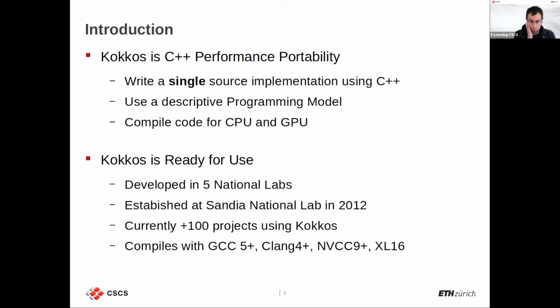Currently, there are more than 100 projects using Kokkos, and it can compile with multiple compilers like GCC, from GCC 5 and newer versions, Clang 4 and newer versions, NVCC, of course, in order to run on CUDA, but also IBM XL and also the Intel compiler.